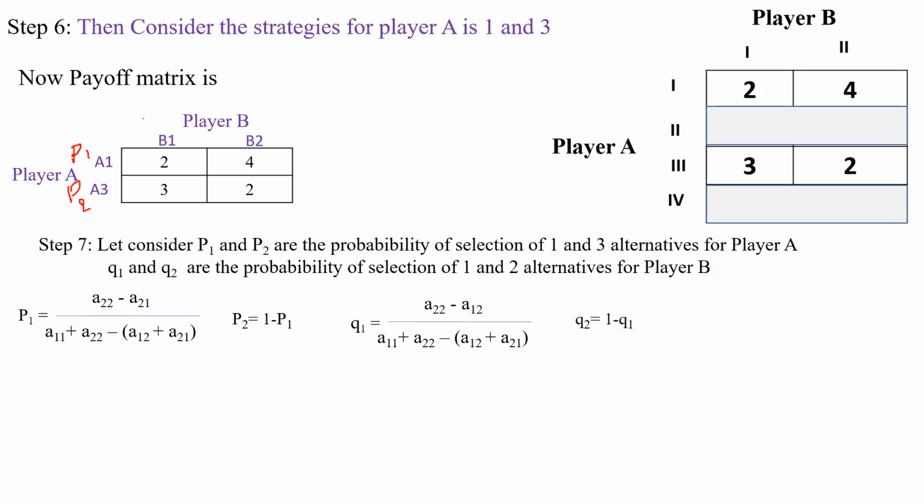Similarly, I have to consider the probabilities Q1 and Q2 for the selection of alternatives 1 and 2 by player B. And we know the formulas for P1, P2 and Q1, Q2.